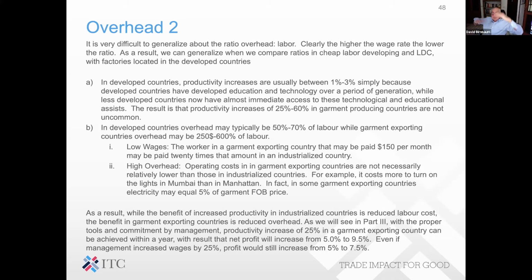And so the ratio between overhead and labor in the developed country could be overhead is 70% of labor. And in a developing country, it can be anywhere between 250 and 600%. And this is really important, because if you can increase productivity, not just will you save labor, but you will save money on the overhead, where the real costs are.